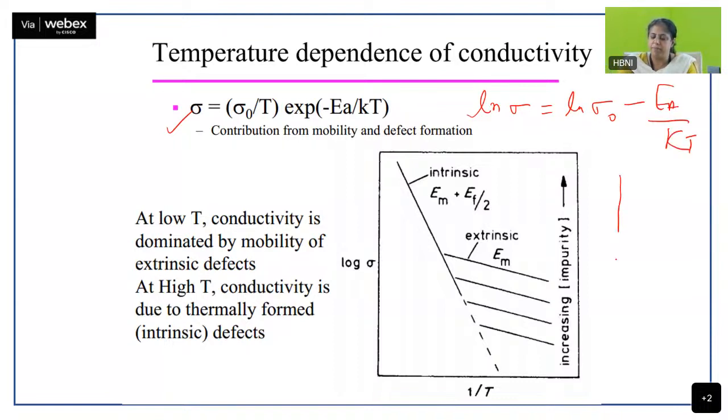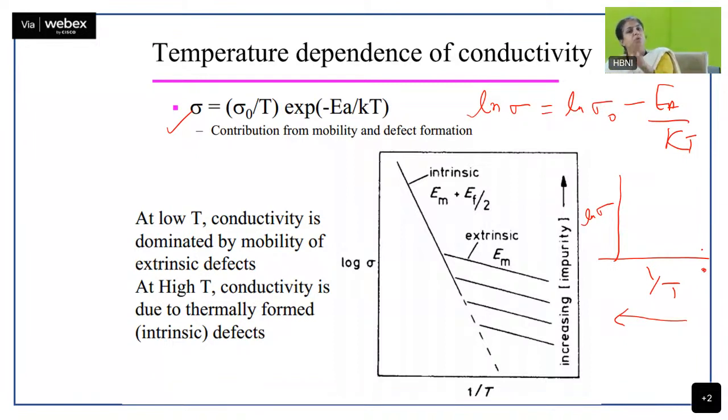That means if I plot a graph between ln sigma and 1/T, I should get a straight line with a negative slope. Since this is 1/T, this is your lower temperature and the temperature is increased in this direction. At lower temperature, your Schottky defects are fewer, because they increase with increase in temperature.